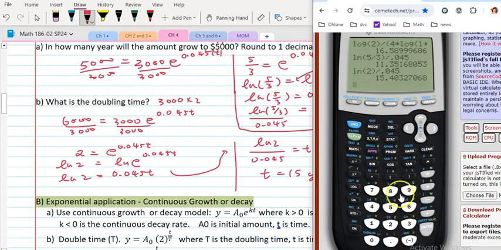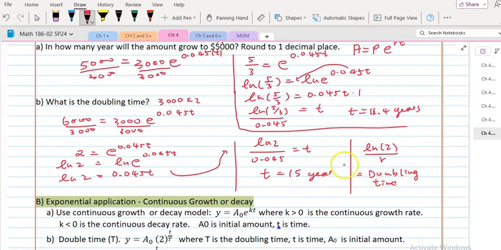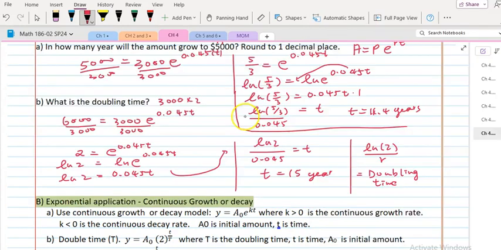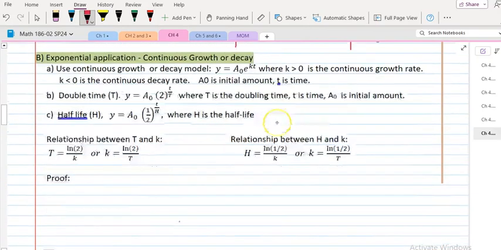So if people say, if you want something to double, ln 2 divided by 0.07 is around 10 years. So if you get 7%, you double in 10 years. This is the street smart thing: if you want something to double in 10 years, you use 7%.